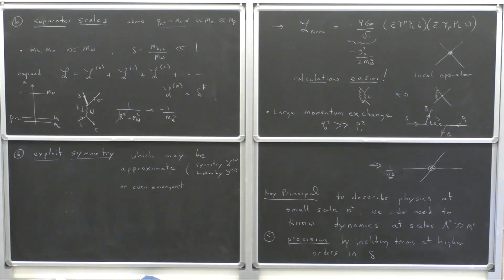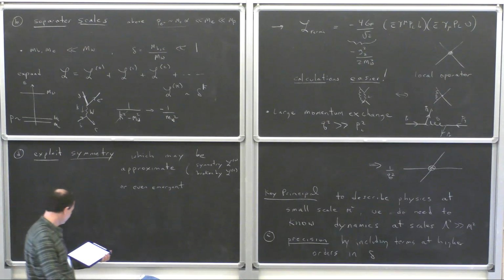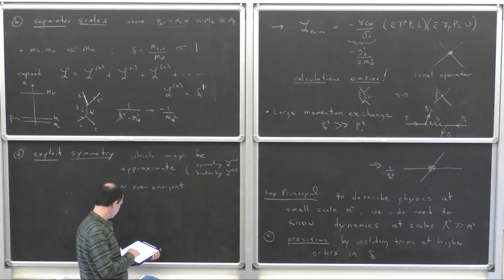Emergent means you stare at the theory before making any expansions and there's like no sign of the symmetry. Okay, it just doesn't look like it has a symmetry at all. Then you do the expansion, you get some effective Lagrangian, and you study that effective Lagrangian, you say, lo and behold, there's a new symmetry that you didn't expect that showed up. Okay, so that's very nice and beautiful, and then you can go to town making predictions with that.